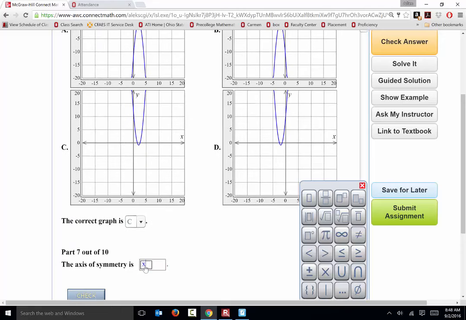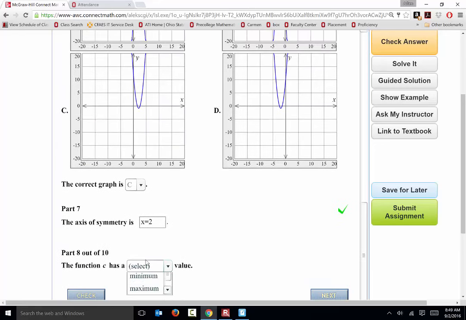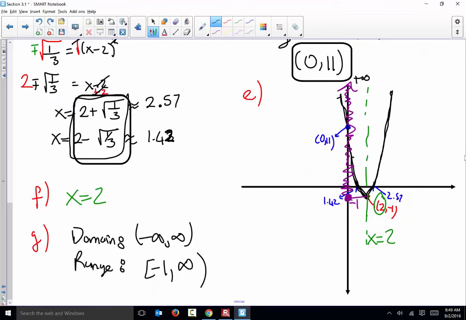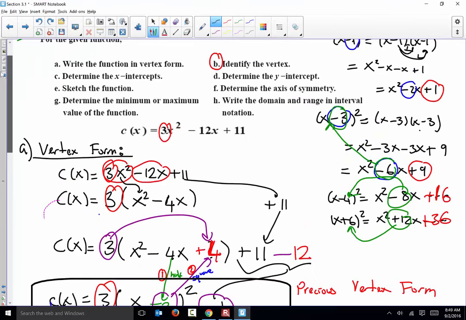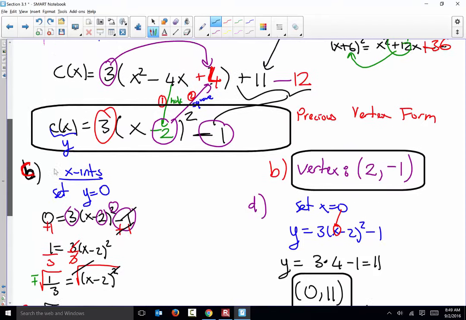Symmetry is x equals 2. Oh, what is that? Have we skipped this part? I think we did, right? What part did we skip then? F, G. There was an H. Oh, we skipped G. Oh yeah, it has G and H.